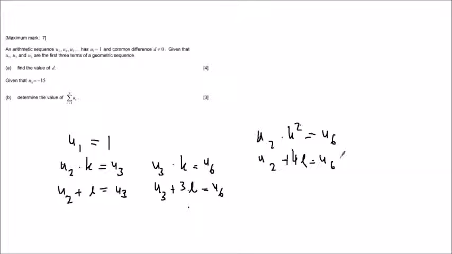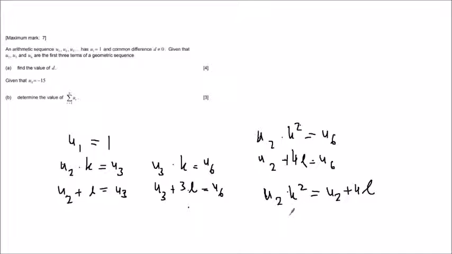They're very, very different types of sequences. So that means u2 times k squared is equal to u2 plus 4L.